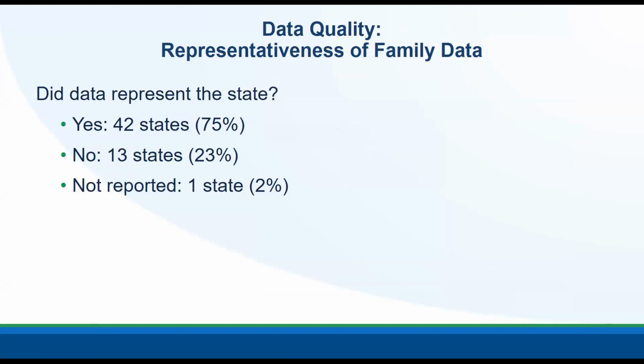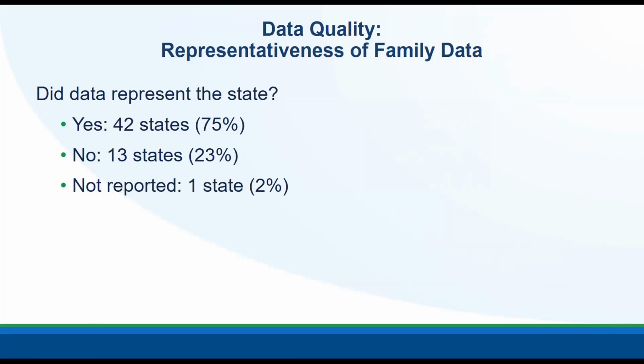So the second aspect of data quality that we just have a couple slides on here is the representativeness of your family data. This is really intended to capture the degree to which states think the survey data adequately represents the families in the program that you intended to survey.